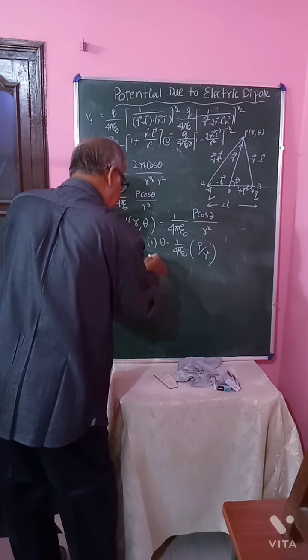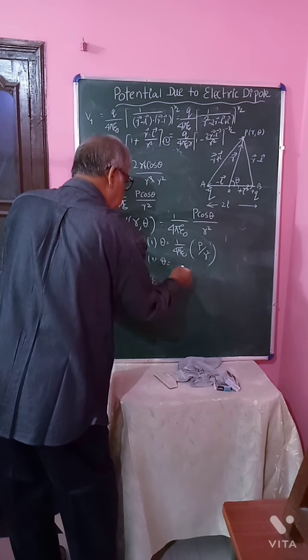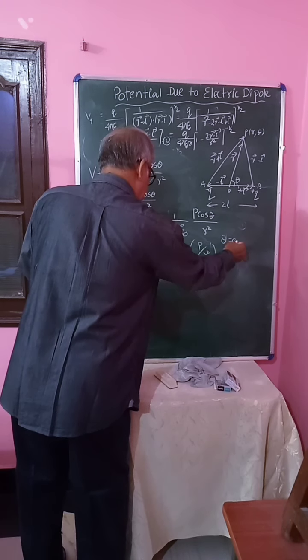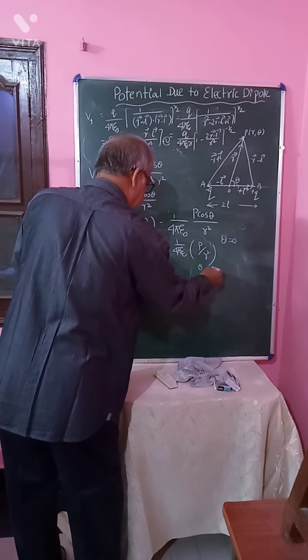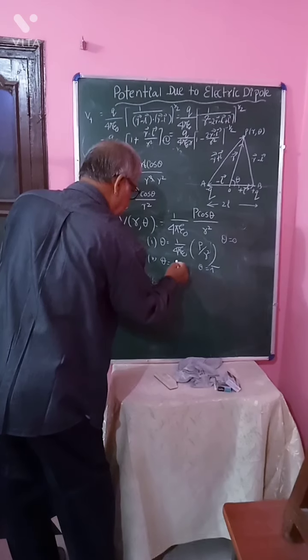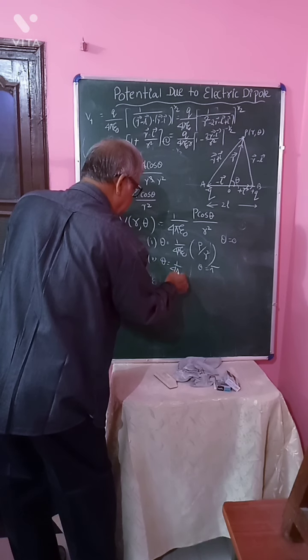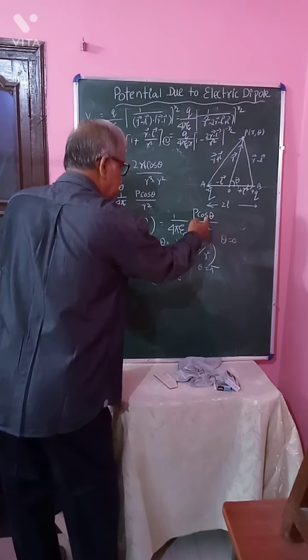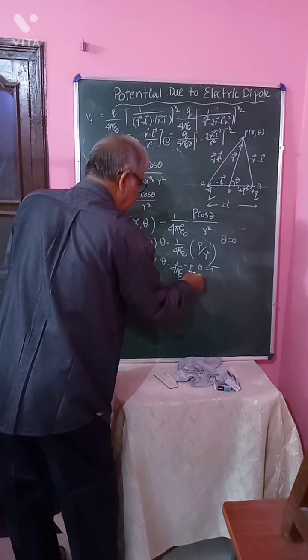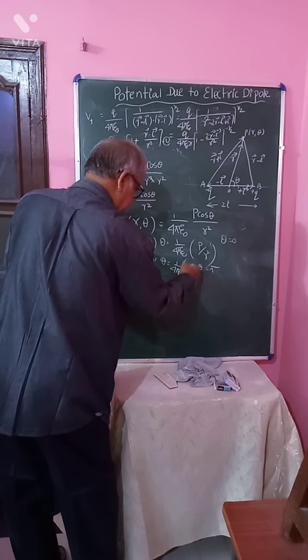If theta is equal to pi, then in this direction, cos pi is minus 1, so it is minus P by R square.